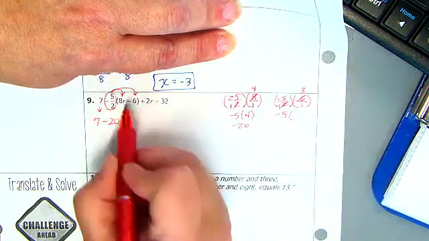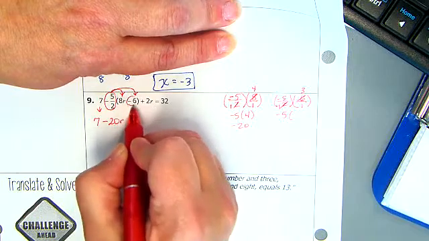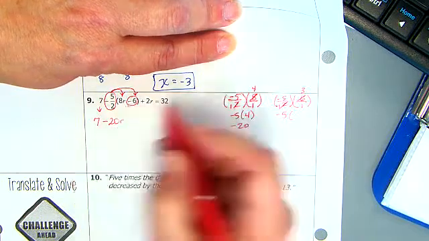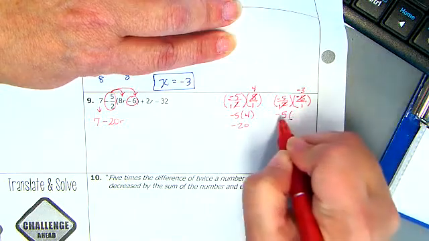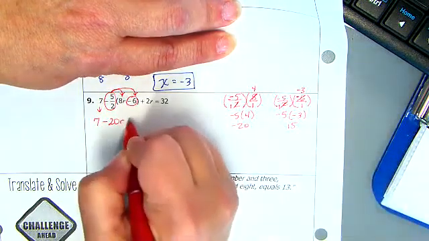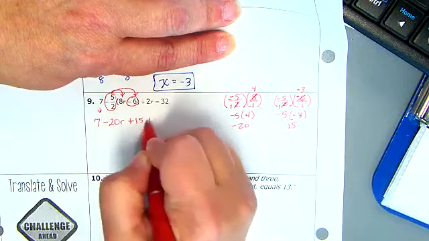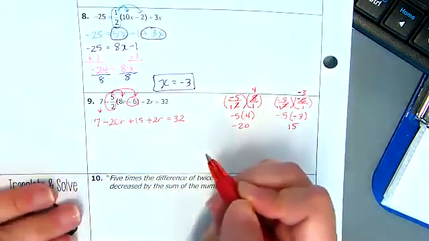I wrote it positive, but it's actually a negative 6. That's another common mistake. People will forget that this has the sign in front of it. So this is supposed to be a negative 6, so this is going to be a negative 3. So we have negative 5 times negative 3, which gives me a positive 15. So I have plus 15 plus 2r equals 32.